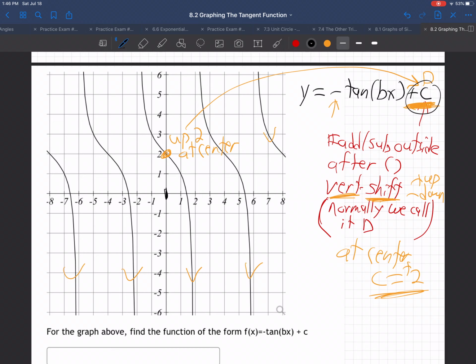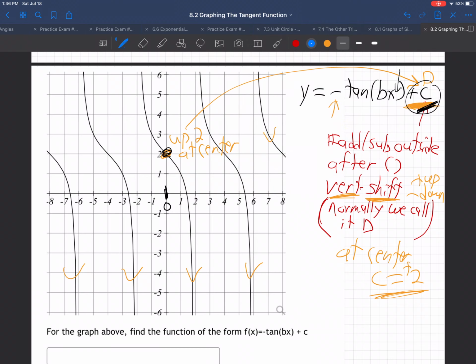And this graph has no horizontal shift, notice, because there's no number in the parentheses added after the X. So the horizontal shift is 0. So 0 really is the center, and it's up 2 there. That's why that number added outside the parentheses has got to be 2.